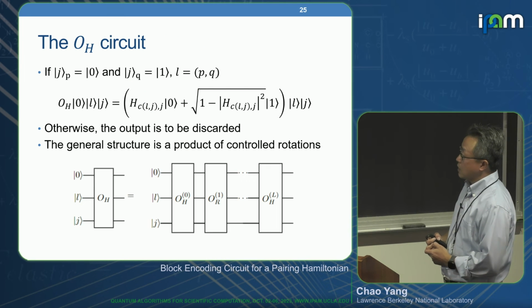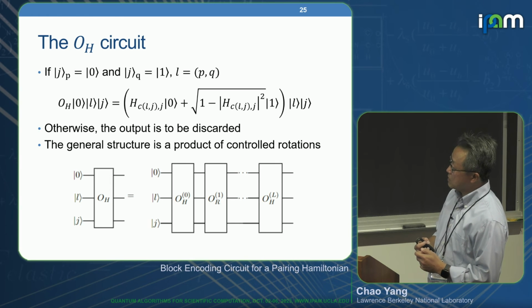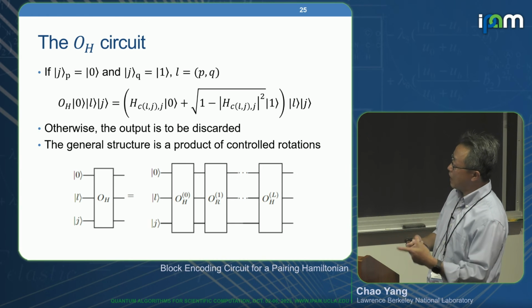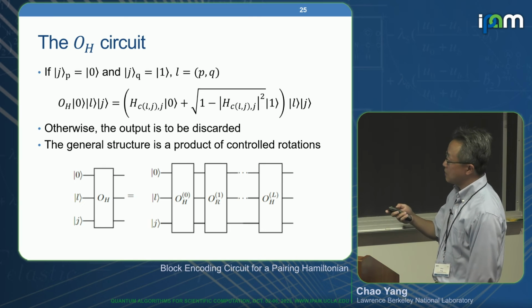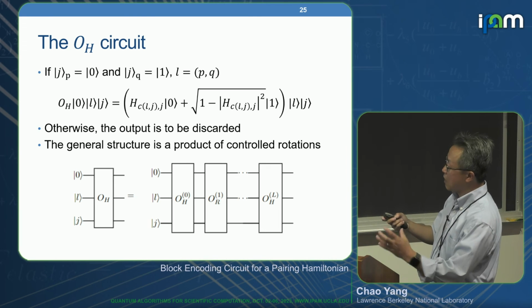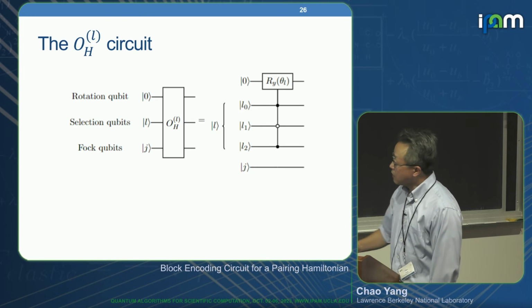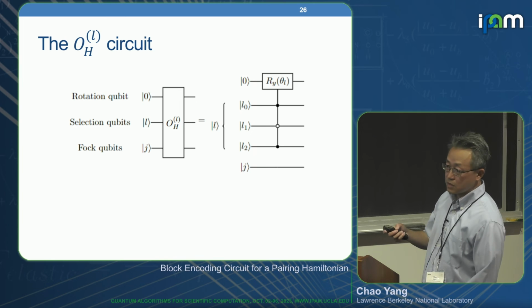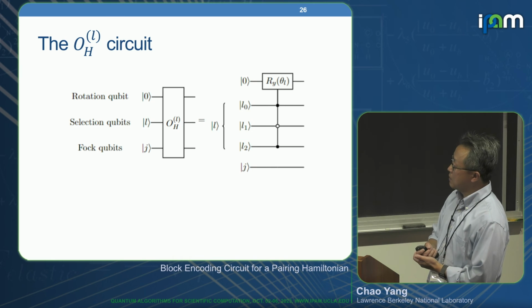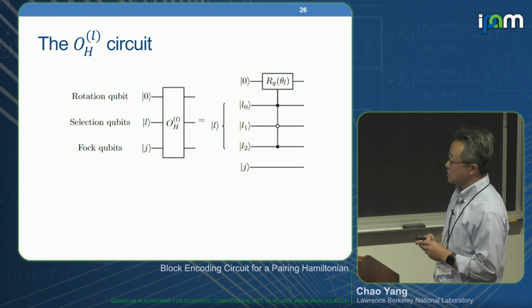And then you can also construct the OH circuit, which encodes the numerical value. So you take these control operations and encode them into a product of control rotations. Each control rotation is a multi-qubit rotation where the angle comes from the non-zero matrix elements.